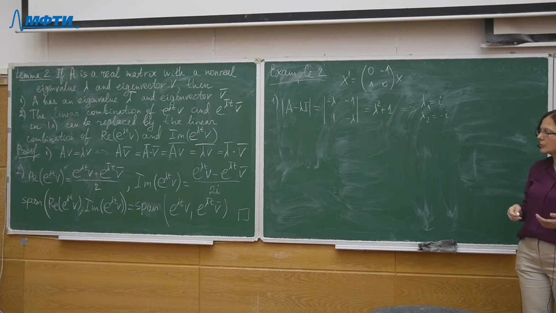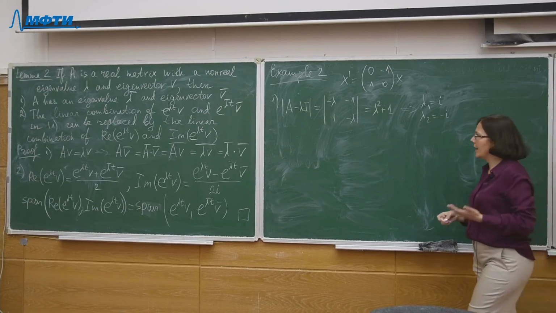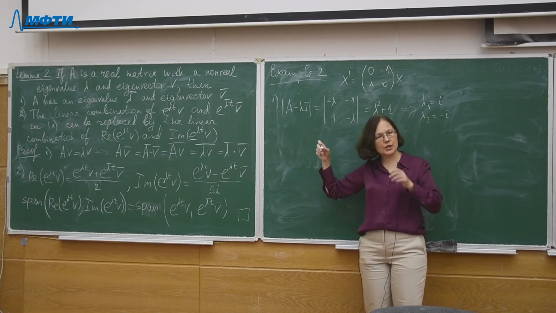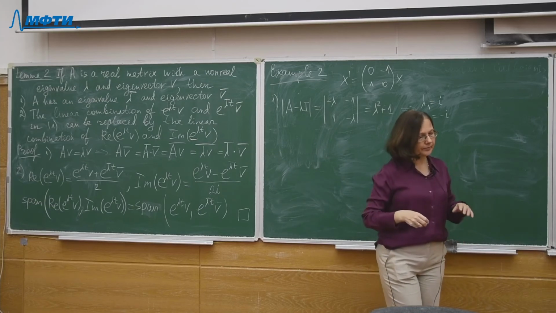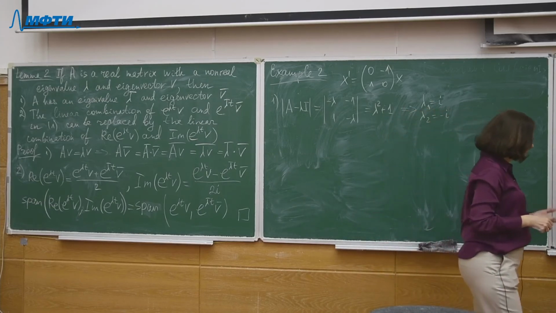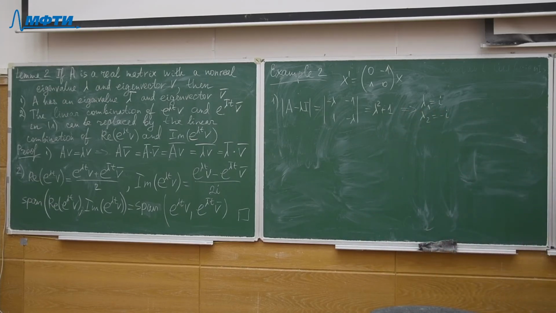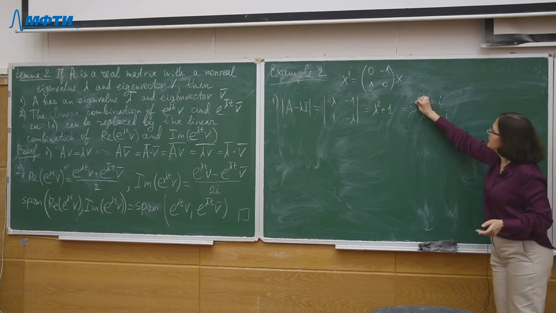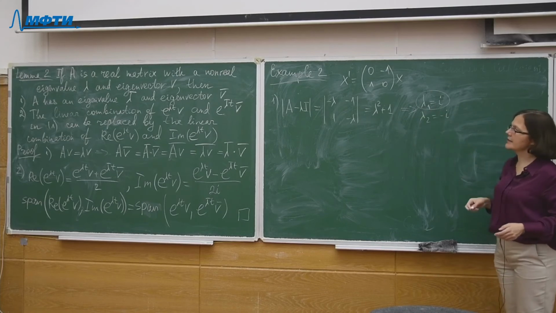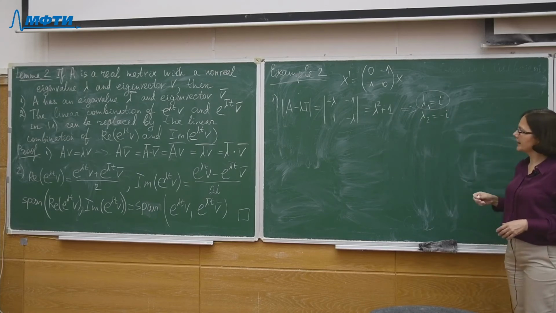It was proved last year in the course of linear algebra: if we have a polynomial with real coefficients, then the complex roots appear in pairs. So a root and its complex conjugate is also a root, right? So it is enough to consider just one eigenvalue.